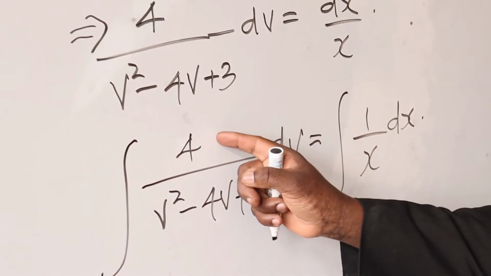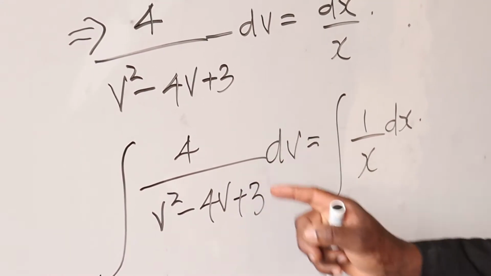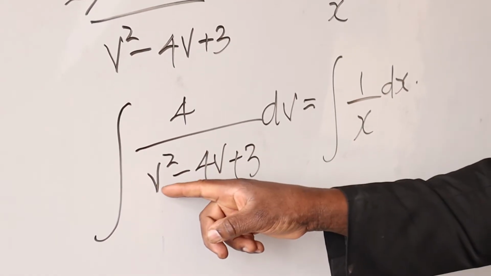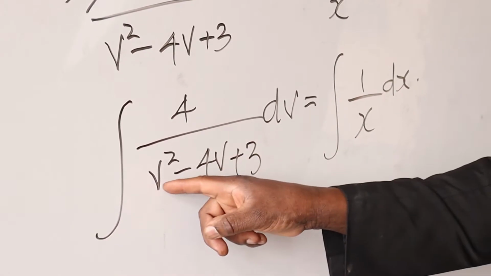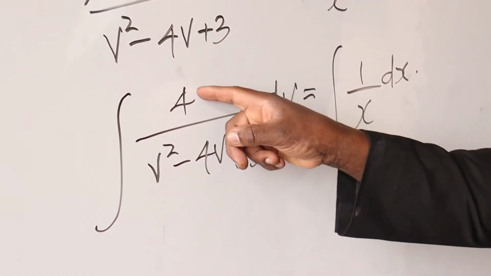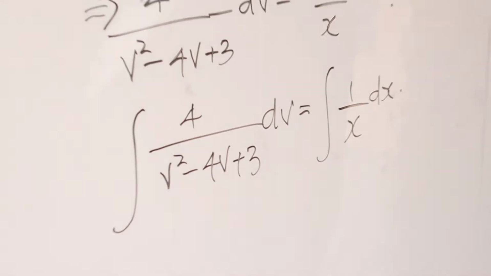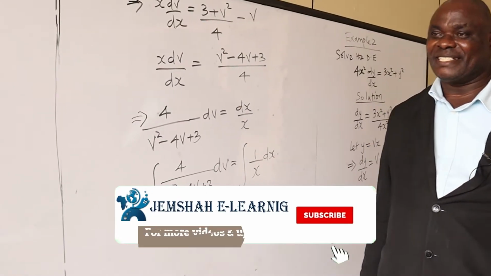Now the integral where we have the variable v, the derivative of the denominator is 2v minus 4. Here we don't have 2v up here, so we cannot follow such a method of integration.